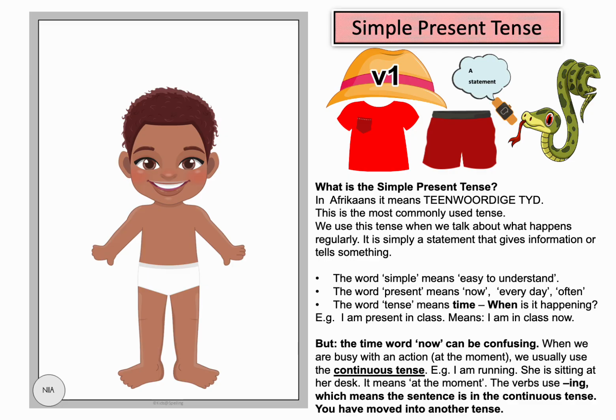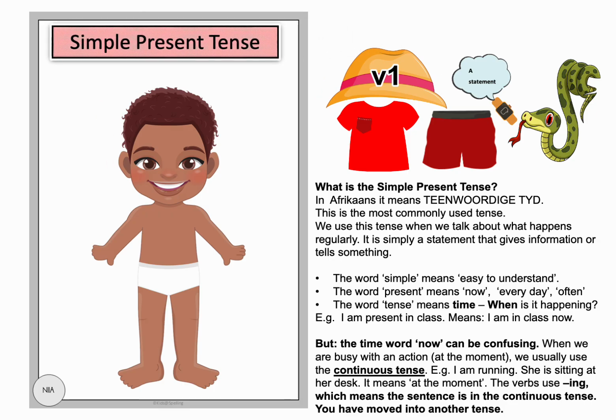What is simple present tense? In Afrikaans it means teenwoordige tyd. This is the most commonly used tense. We use this tense when we talk about what happens regularly. It is simply a statement that gives information or tells something.